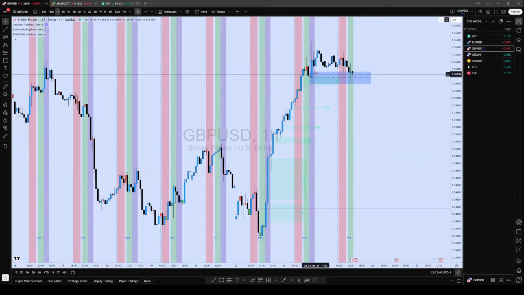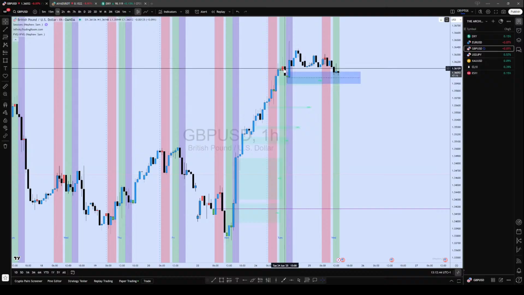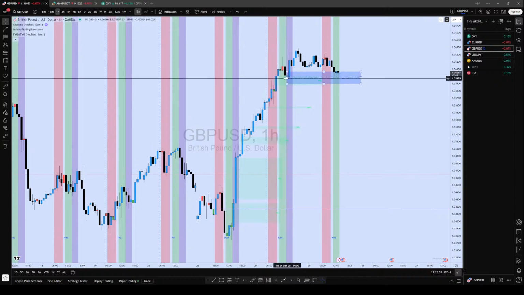I think yesterday when I was talking about this fair value gap, the New York session gap, London session gap, reacting and sending price higher, if you had bought it with your stop loss below that, that would have been a nice day trade. The same thing today, right?